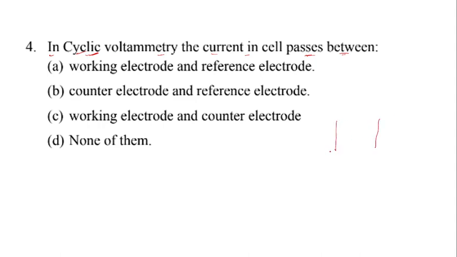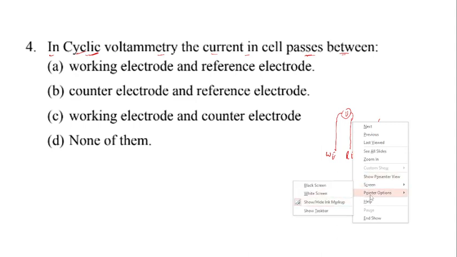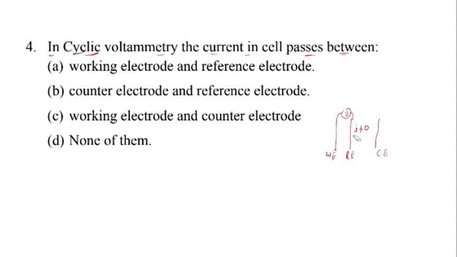Suppose this is your working electrode, this is your counter electrode, and suppose this is your reference electrode. In between, the voltage will remain constant, because here I will be approximately 0.